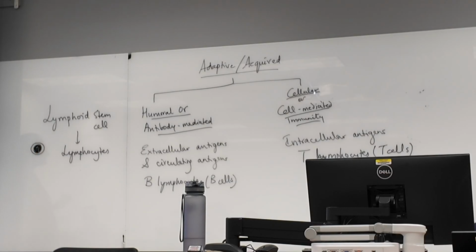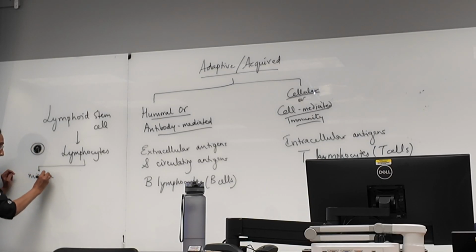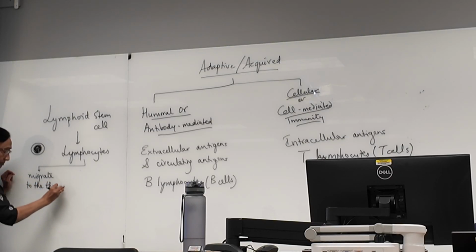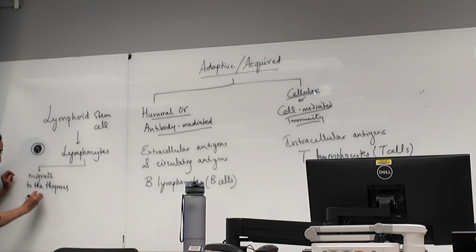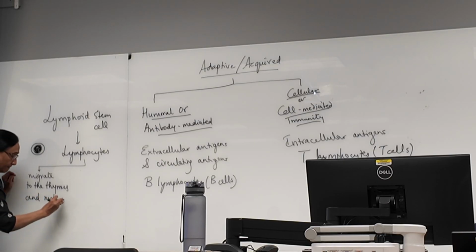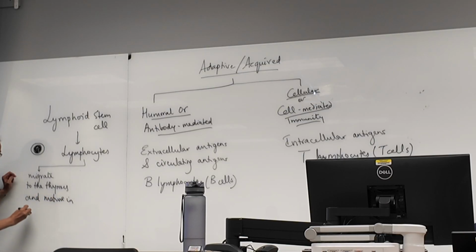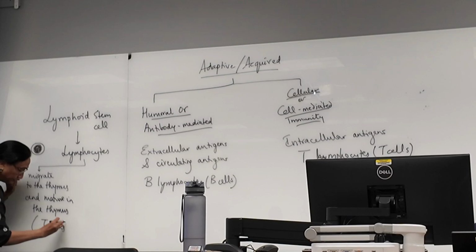Now, some lymphocytes migrate to the thymus and mature in the thymus. These are called the T cells.